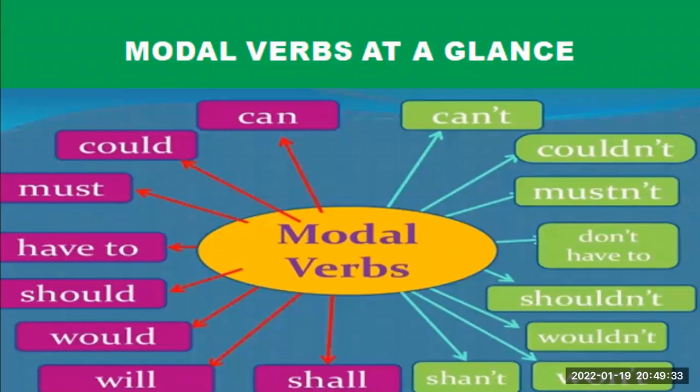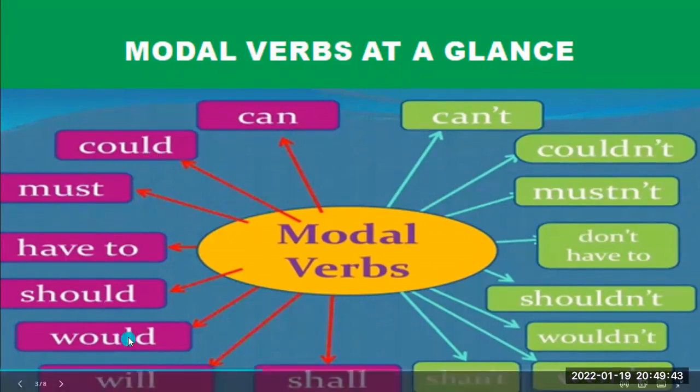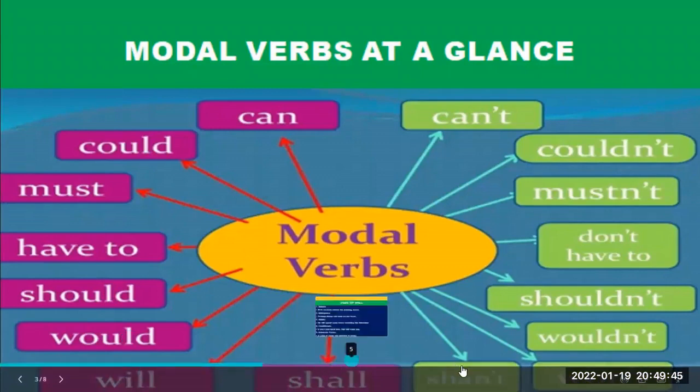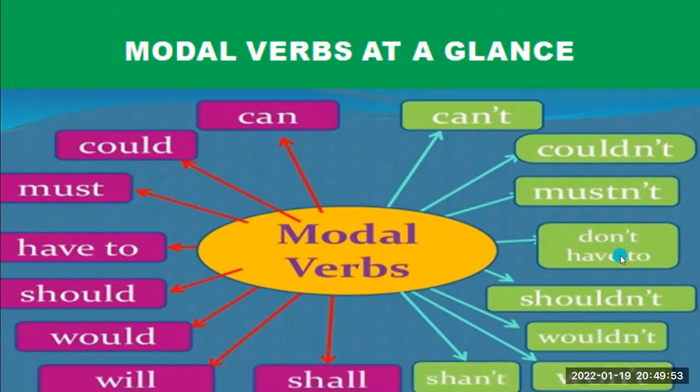Now let's look at the various modal verbs. Can, could, must, have to, should, would, will, shall, shan't, won't, wouldn't, shouldn't, don't have to, mustn't, couldn't, can't.